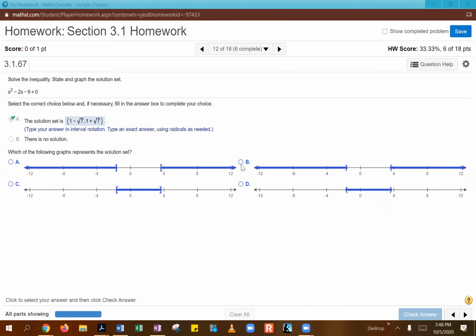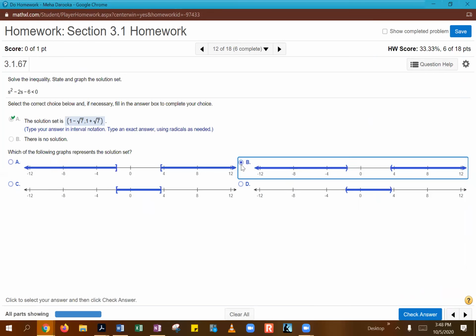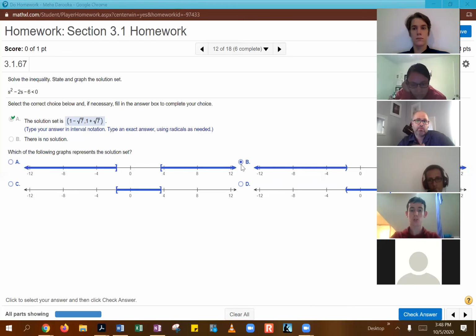Because B is going to be this guy over here. And if you remember the number line that we had drawn, we had just picked the graph in the middle, right? So that means you were not using any of the graph on the side or the interval on the side. Right, exactly.